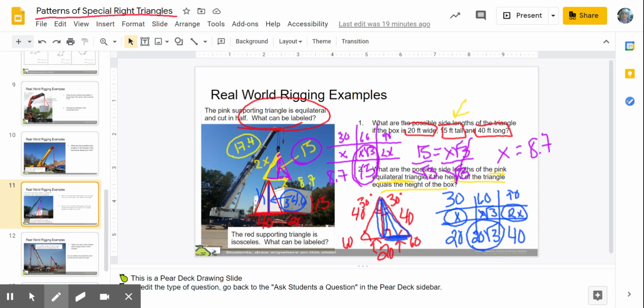So if this is an equilateral triangle, all 3 of those sides are going to be 17.4. The x is just half of it. Okay, and that's the hardest part about these questions. These are tough. I'm definitely pushing you here. So if you're confused, it is 100% okay.